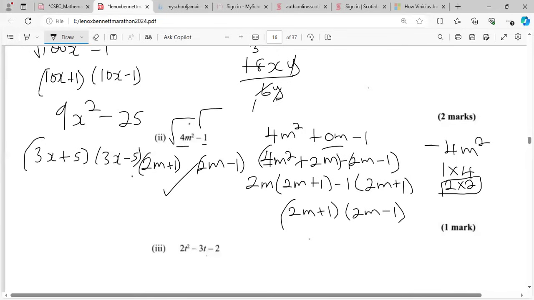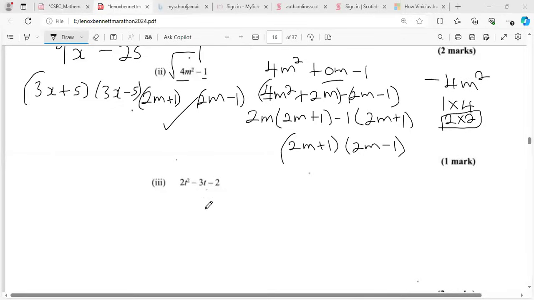So work out that one, guys, and let's see how it works out. We have 2t squared minus 3t minus 2.